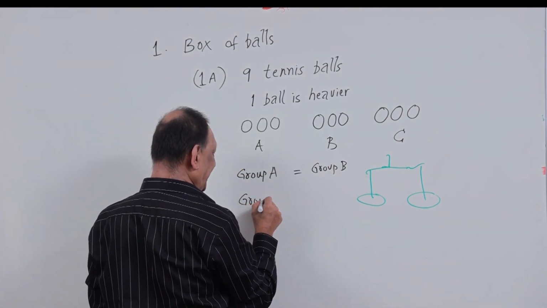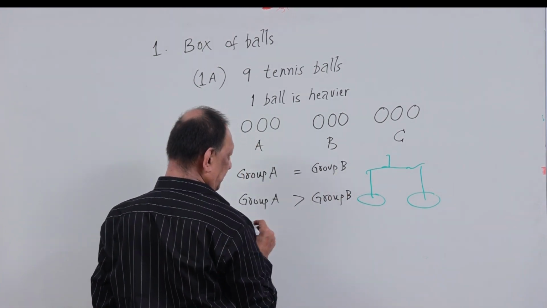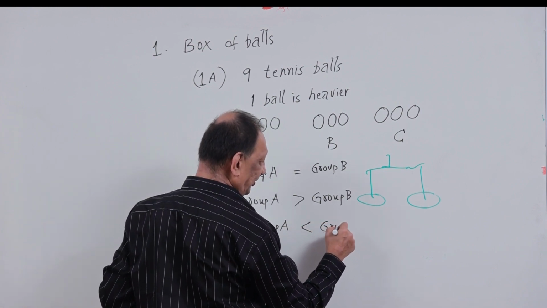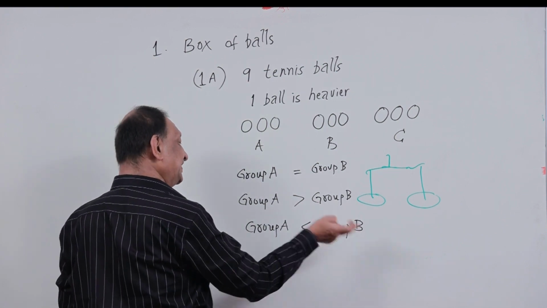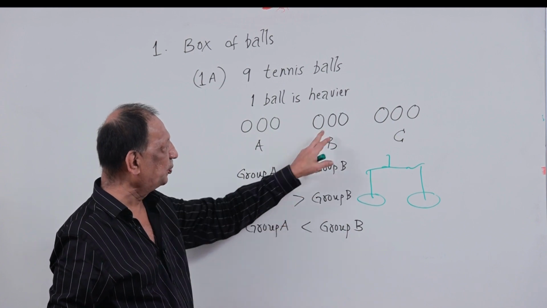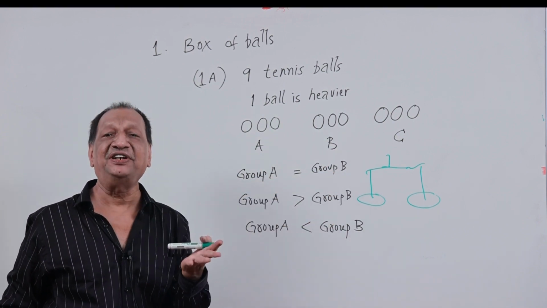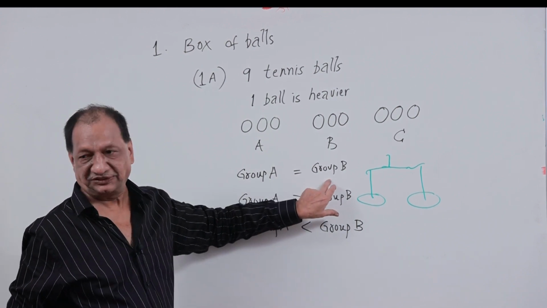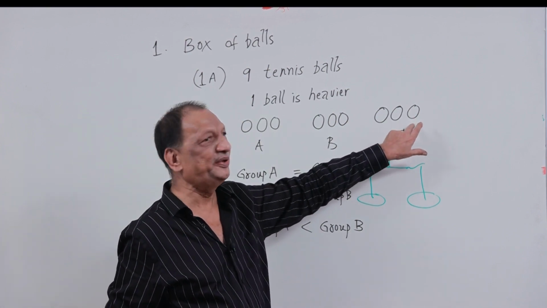Other possibility is group A is heavier than group B. Or third possibility is group B is heavier than group A, since there is no light ball here. Either group A contains the heavy ball or group B contains the heavy ball, or neither of them contains the heavy ball, both contain standard balls, group A equal to group B. Now the defective ball can only be from one of 3, no?